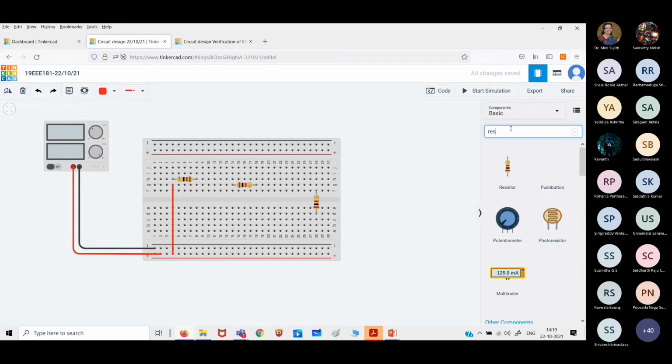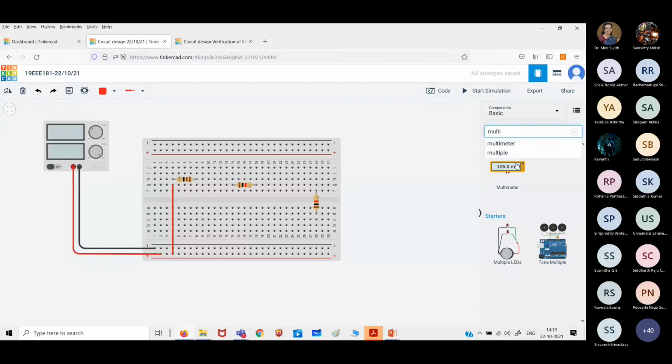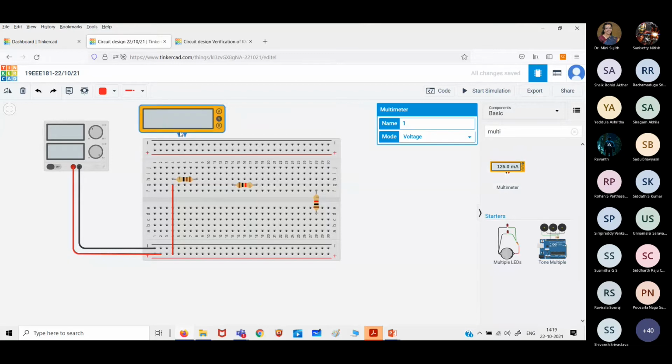You can type multi. The moment you type multi, it will appear. You can see here multimeter. Select it, drag it and put it here. So you get one multimeter. Again, you can copy, paste, copy, paste with respect to the number of meters required by you.